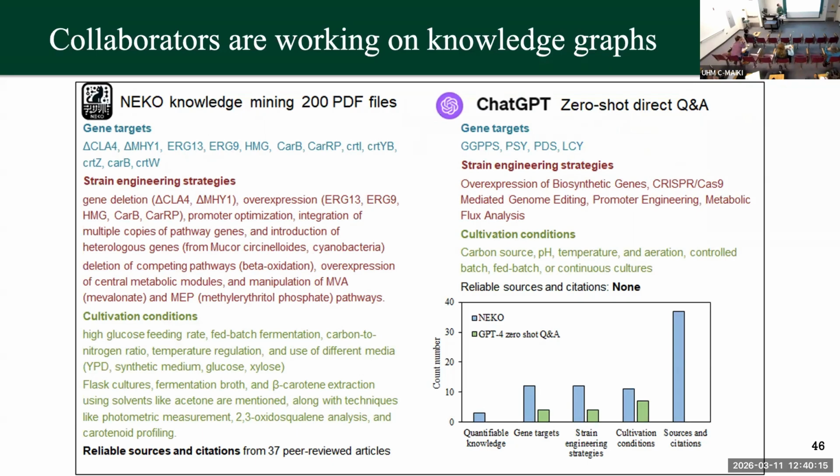So this is comparing Qwen, one of the Chinese open source models, with the knowledge graph compared to just ChatGPT by itself, without any information. And we see that when you ask for suggestions for strain engineering and bioprocess conditions, you get a more complete result with the knowledge graph.